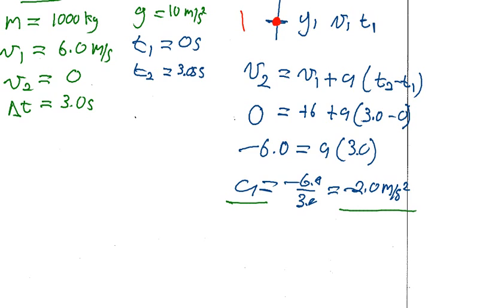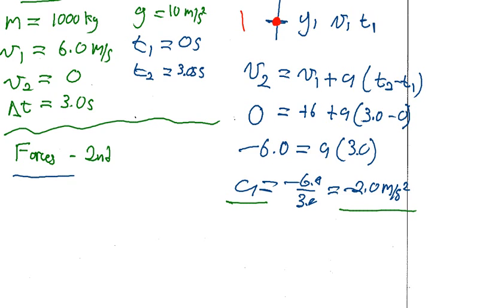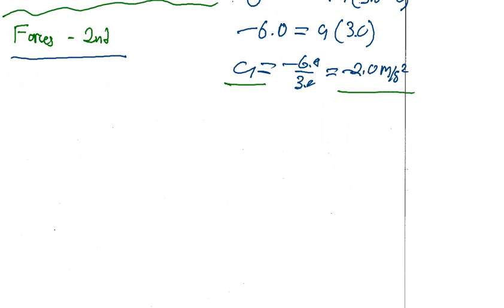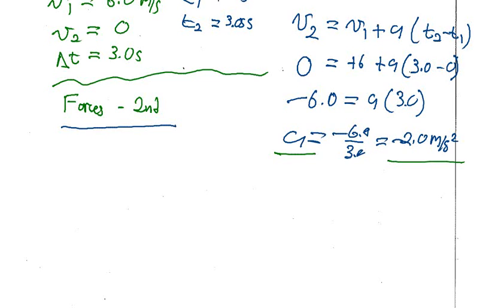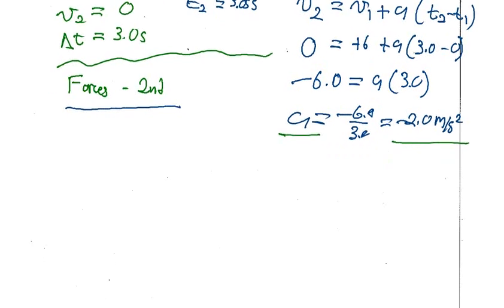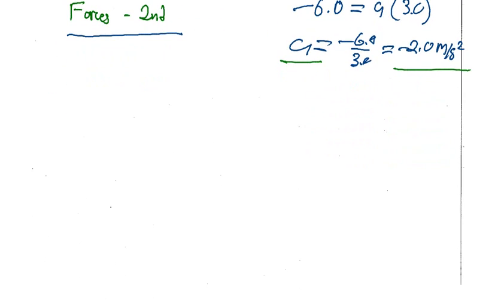Okay, so now that we figured out that part, we can do the forces second to use Newton's second law in order to find the tension. So we need to draw a force diagram for the elevator. So we'll represent the elevator by this box and dot at its center of mass.